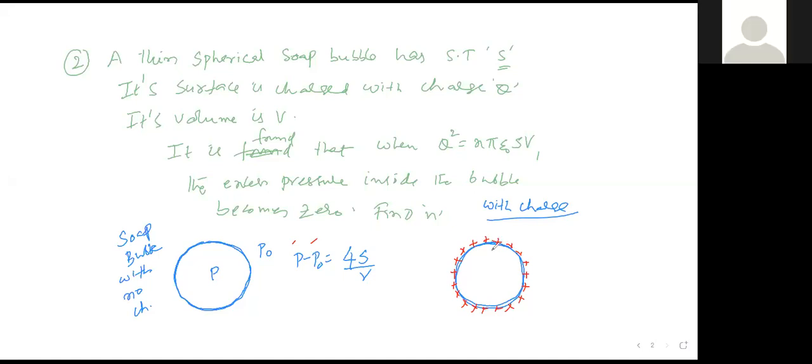So once you charge it, there'll be a little stretching of the soap bubble because of the repulsion. A kind of expansion, yes. Of course, we don't say R1 now, R2 later, but it expands.